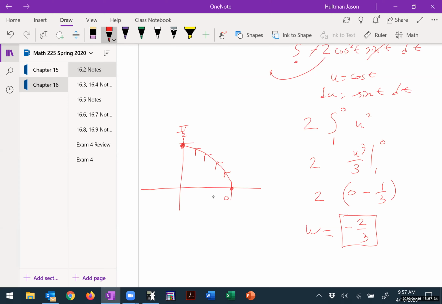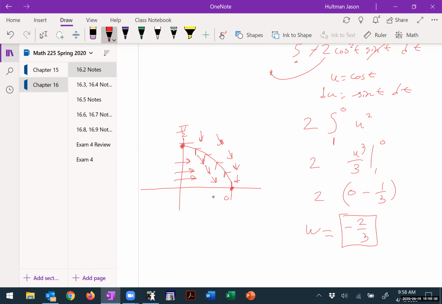But what is this telling me, that the work is negative? It means that the force field, maybe the force field is like this, and over here is like this, and as we go down, it's going to be pushing everything down. For any xy value, it's going to be pushing this down. You see how the force field impedes our direction?